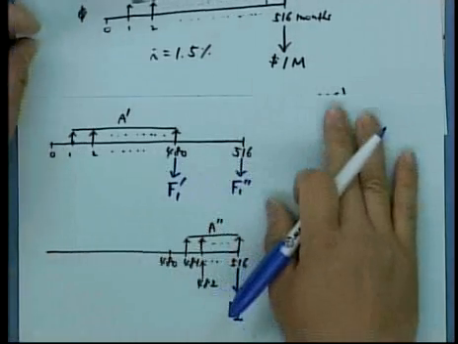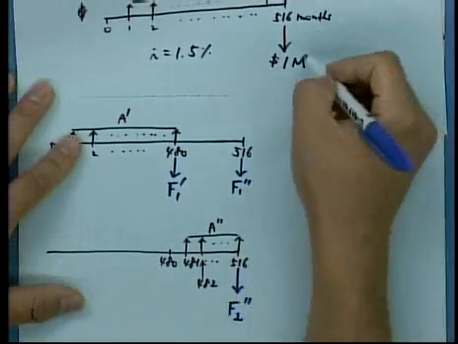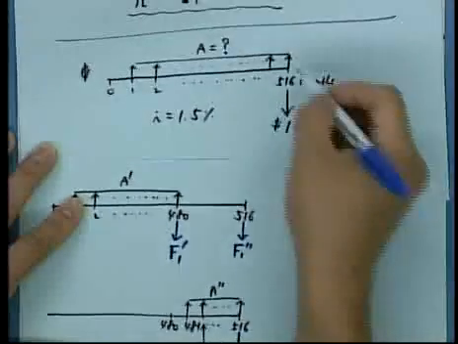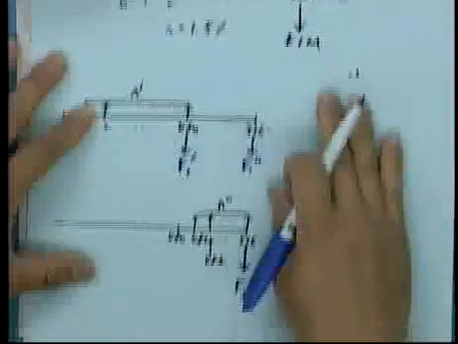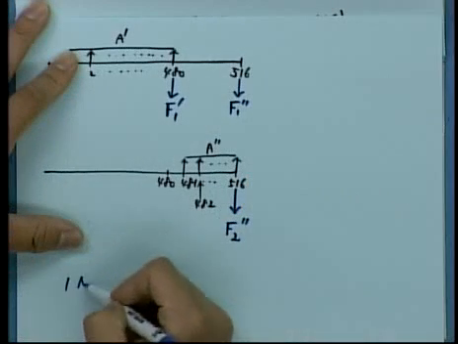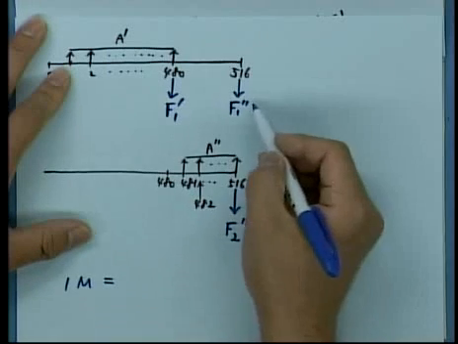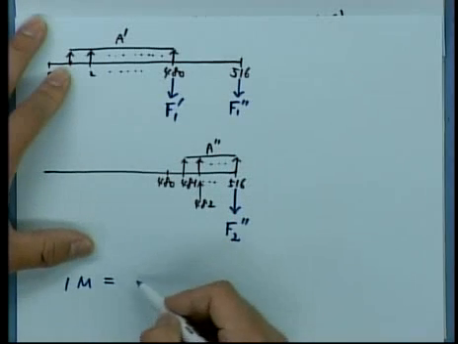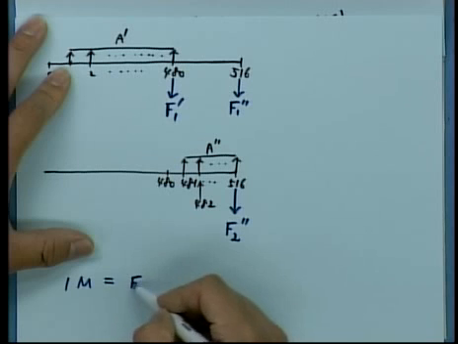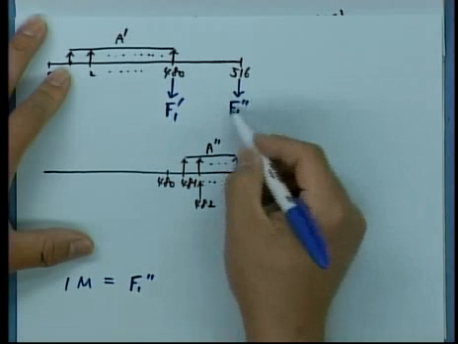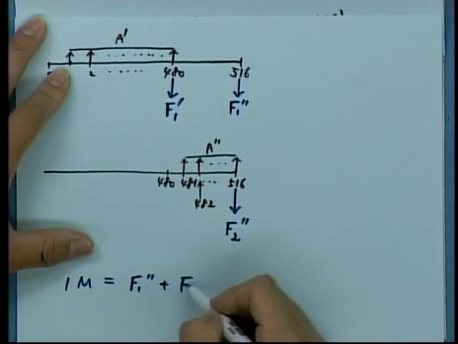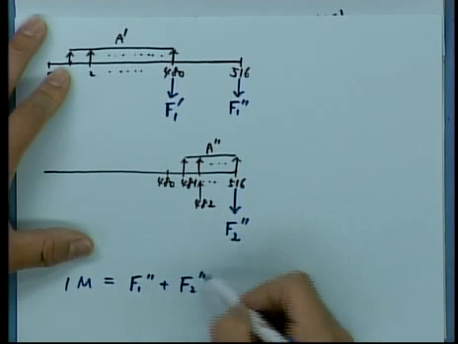Then this $1 million from the original cash flow diagram would be equal to the summation of F1 double prime from here plus F2 double prime here.